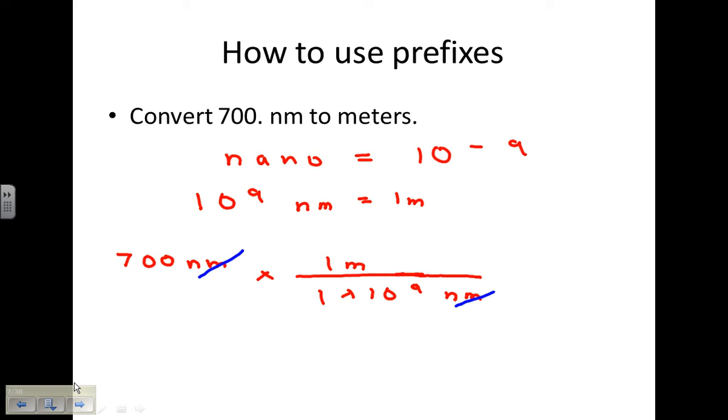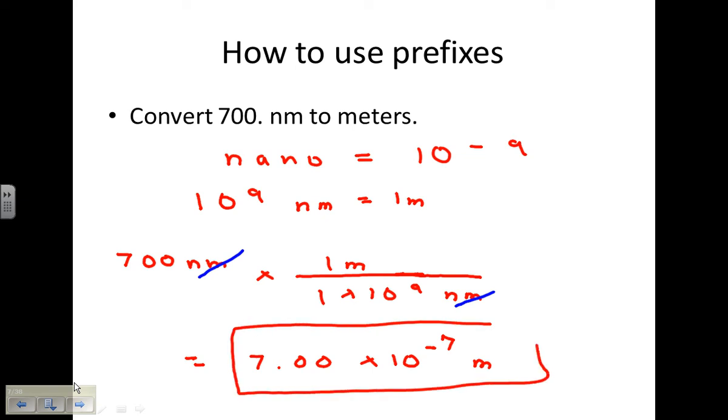And when you do your math, you're left with 7.00 times 10 to the negative 7th meters. Okay, so watch how that negative symbol works: when you're saying how much of a meter is a nanometer, you say 1 billionth, but then you can say there are a billion nanometers in a meter.